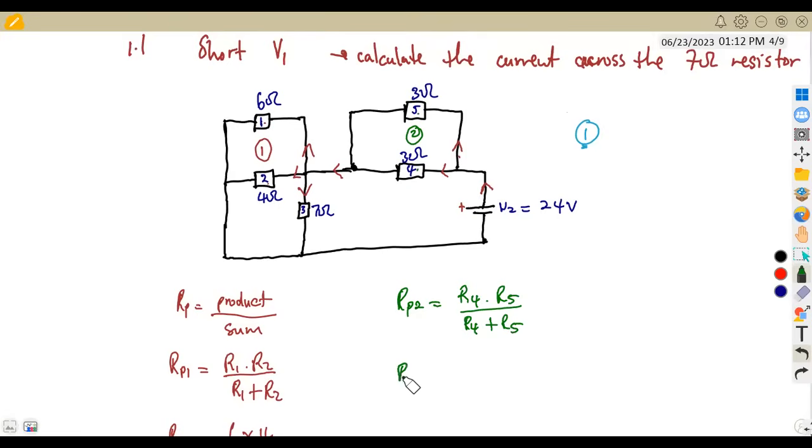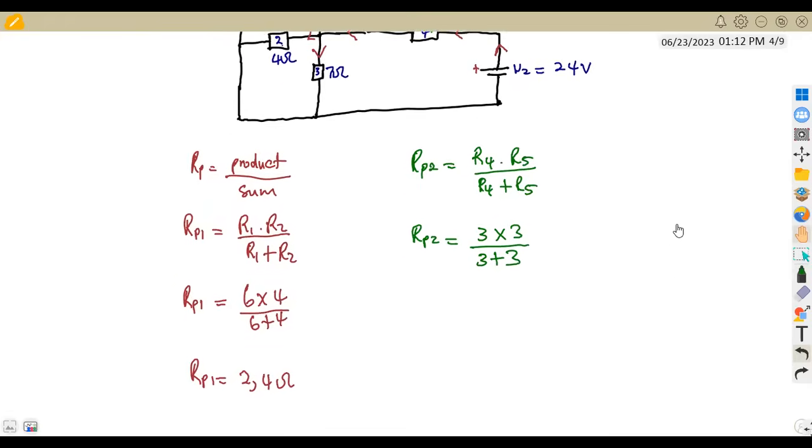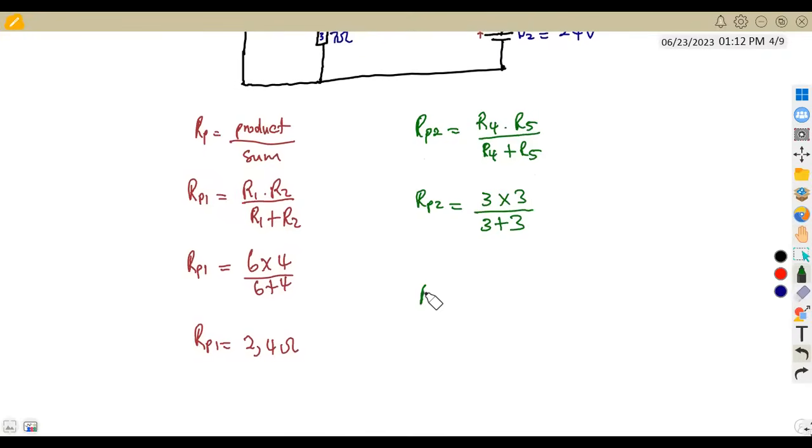So that will be 3 by 3 over 3 plus 3. So you multiply 3 times 3 over 3 plus 3. If we combine this, we obtain the total of this parallel combination, which is 1.5 ohms.